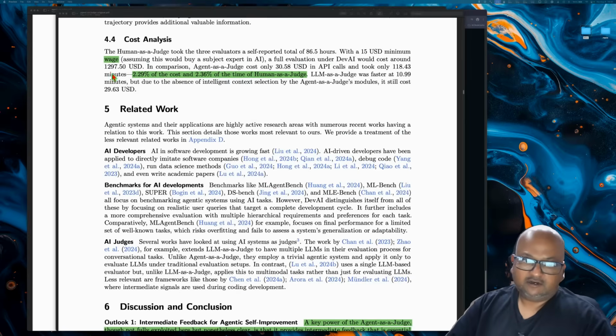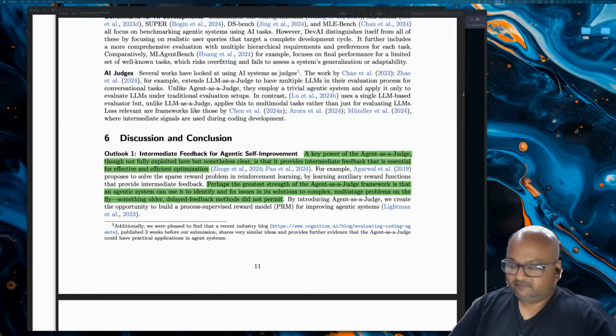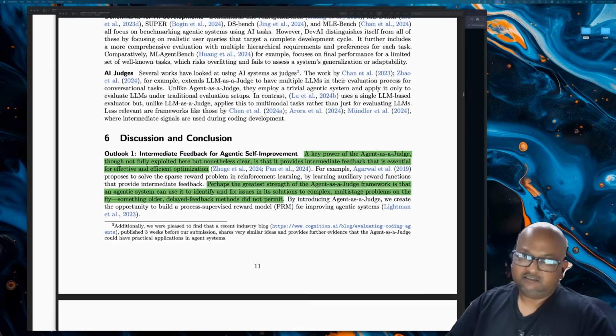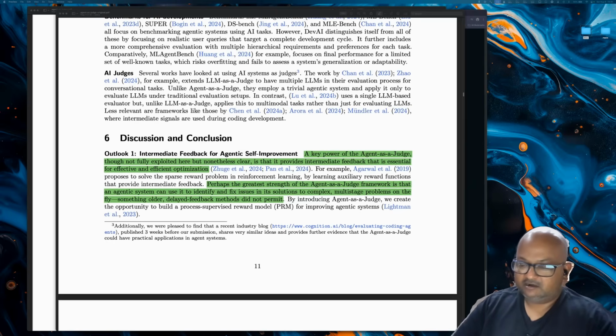And of course, the cost and time taken by this agent as a judge system is a tiny fraction of what they paid the human evaluators and how long those human evaluators took to come back with their evals. So overall, they've demonstrated that agent as a judge has some compelling advantages over human evals, but more importantly, over just using LLMs as a judge, non-agentic, simple LLMs as a judge.